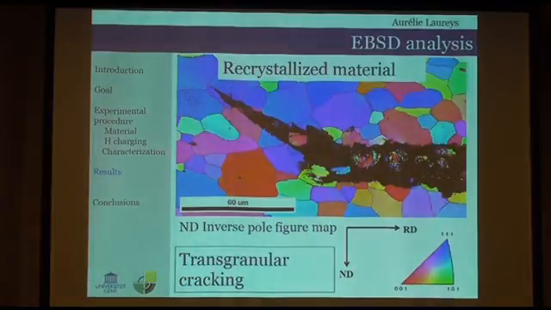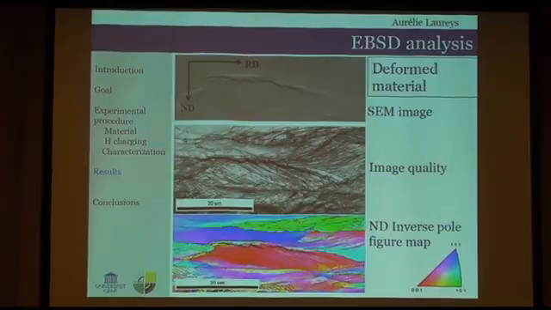If we then look at the EBSD analysis, we see that for recrystallized material, we have transgranular crack tip propagation, and you also get pieces of grains that are enclosed in your crack. If we then compare with deformed material, we see that it's also transgranular cracking, but what is observable is that here you see slip lines in the grains which accommodate the high deformation, and your crack really follows the slip lines in a step configuration.